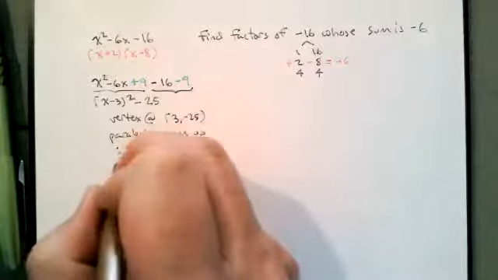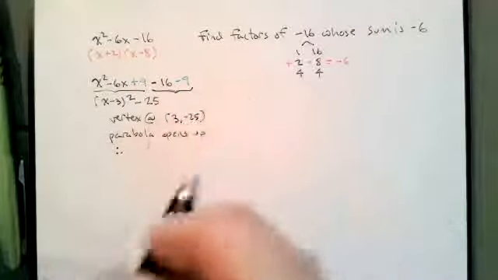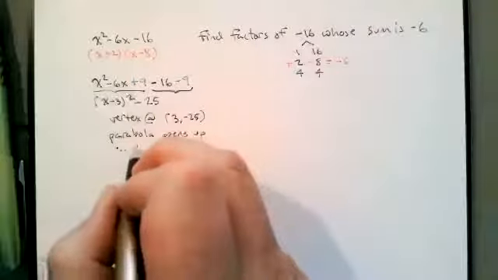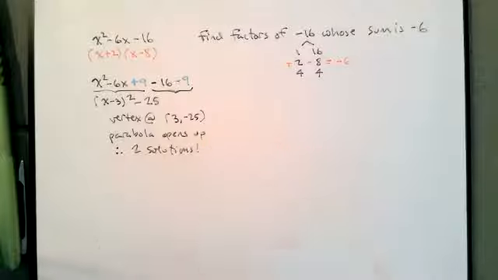Since the vertex is below the x-axis and the parabola opens up, we know there are going to be two solutions. So we should be looking for some solutions.